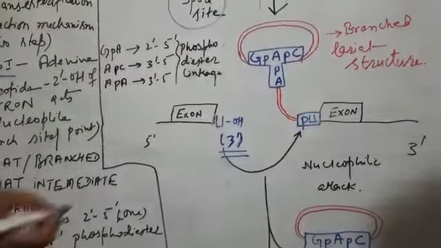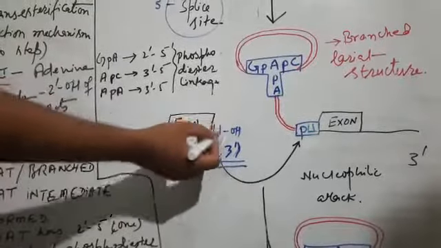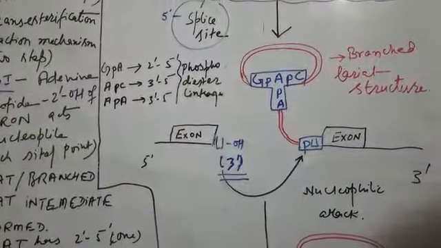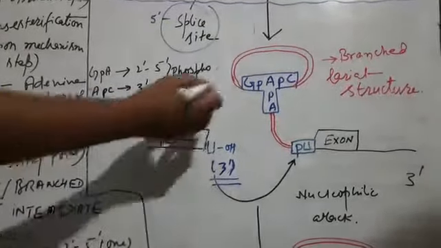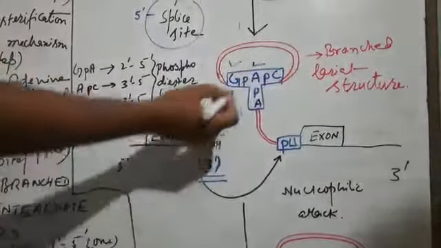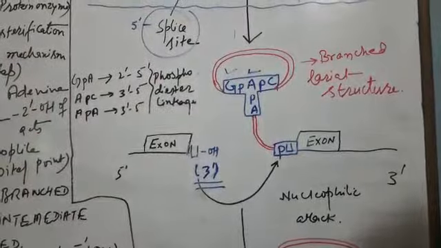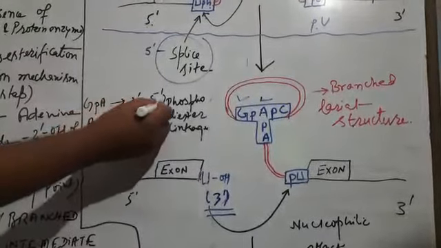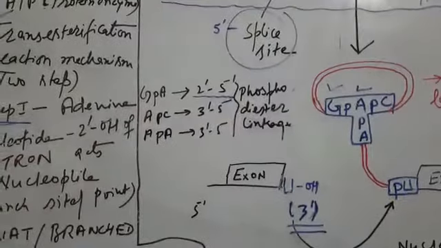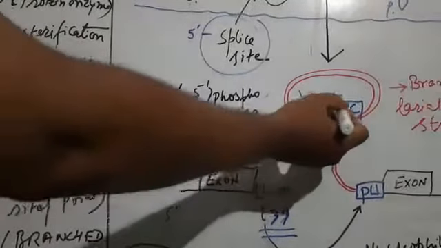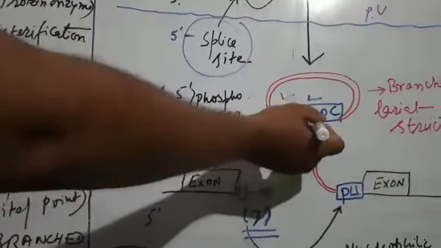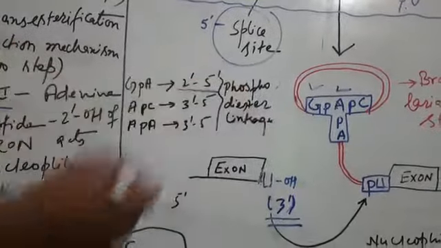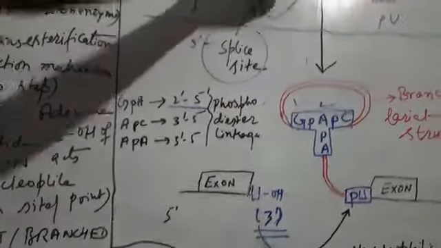The phosphodiester linkage at the splice site between exon and intron has been broken, and a new phosphodiester linkage is formed between G and A. And the beauty here is that this is a 2' 5' phosphodiester linkage, because the linkage between the nucleotide containing guanine and the nucleotide containing adenine is formed by the attack of the 2' OH.